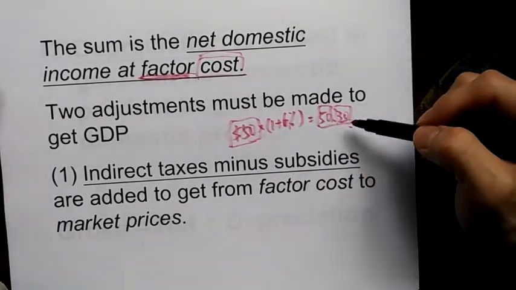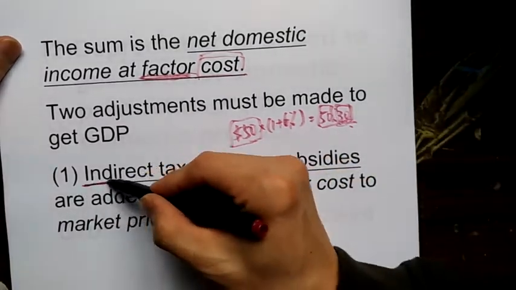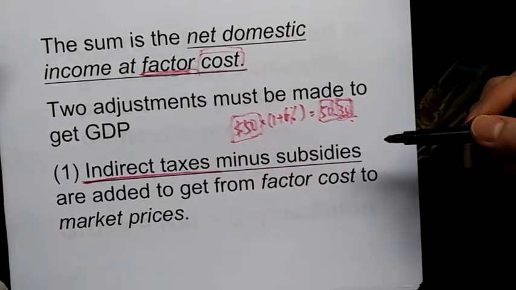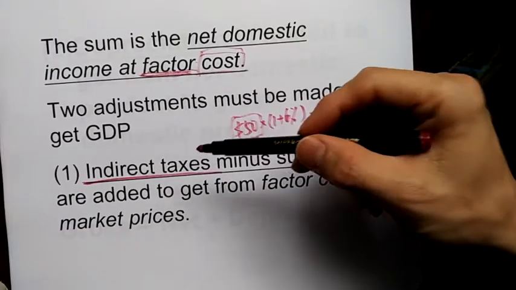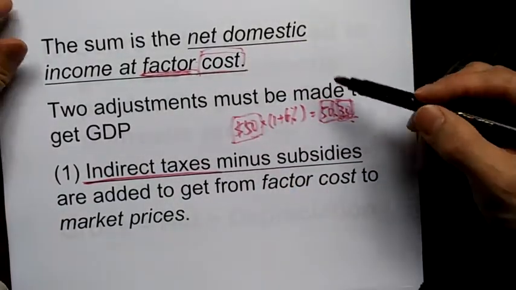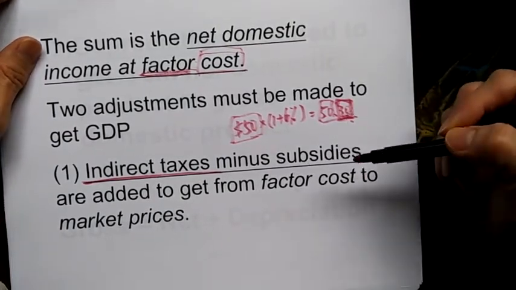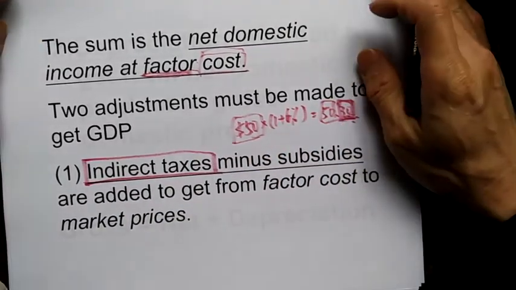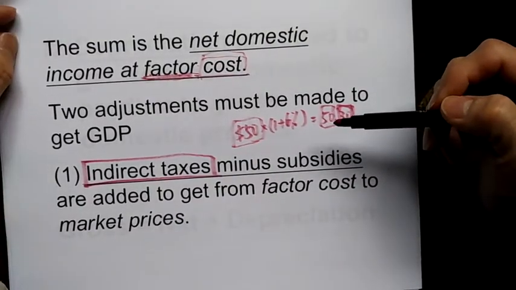So in order to get nominal GDP to include this 30 cents, you have to add the sales tax to the factor's income, to baker's income, to farmer's income, to miller's income, to Meijer's income. You have to add this 30 cents, which goes to the government. So you have to add sales tax to the factor cost in order to get nominal GDP.